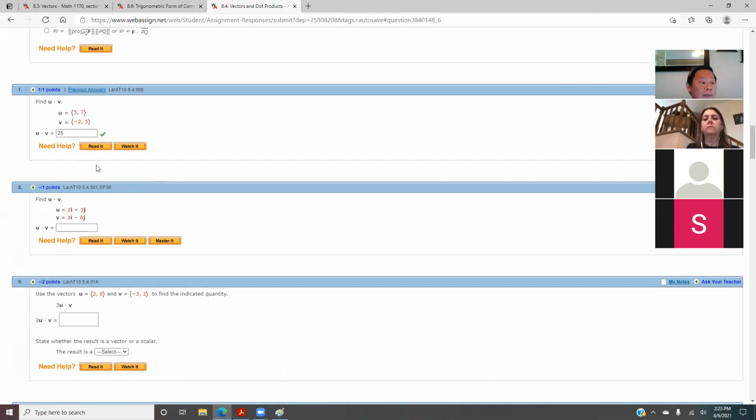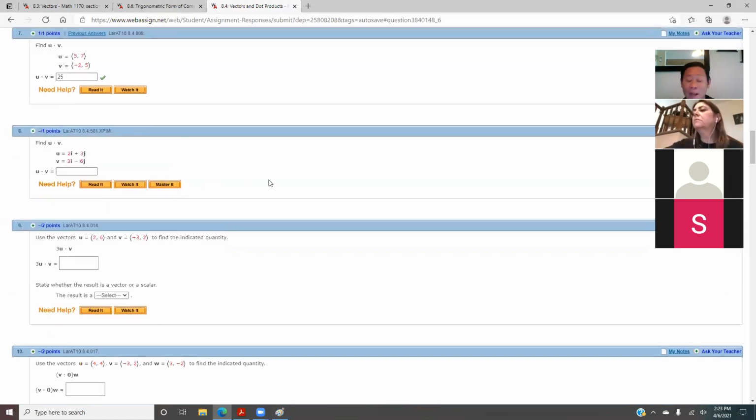Can someone do question number 8 for me? U dot v. This is very easy. You have your calculator. And the main part is there's no IJ form here.